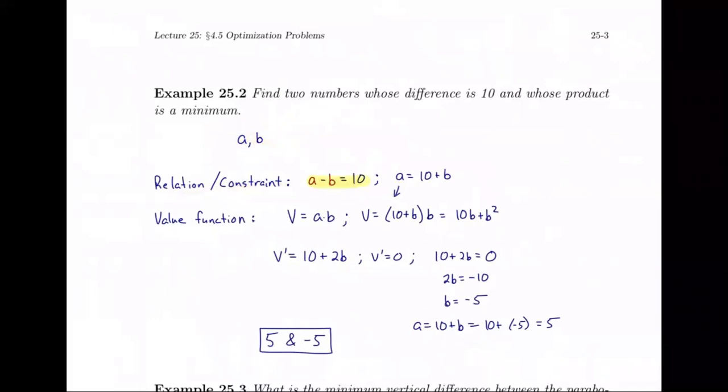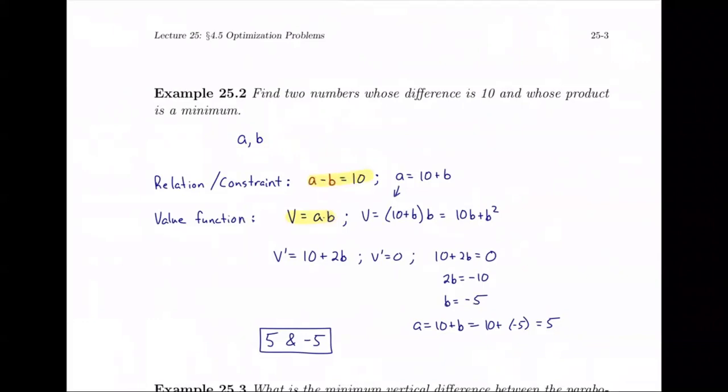The next thing I might write down is what I want to minimize. I want to find their minimal product. So the value function here is that product, A times B. I want to find a minimum for this function, but I have two variables. I need to write it in terms of a single variable.